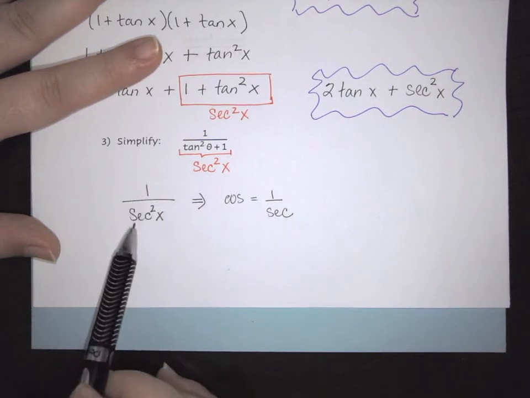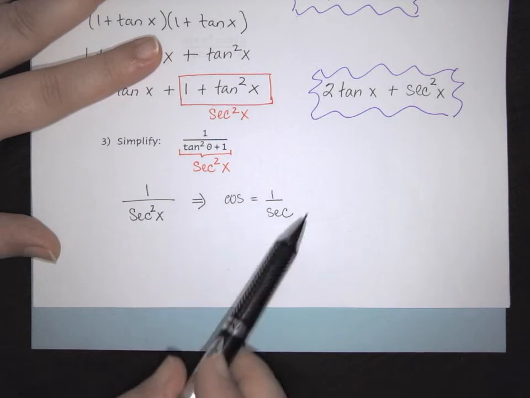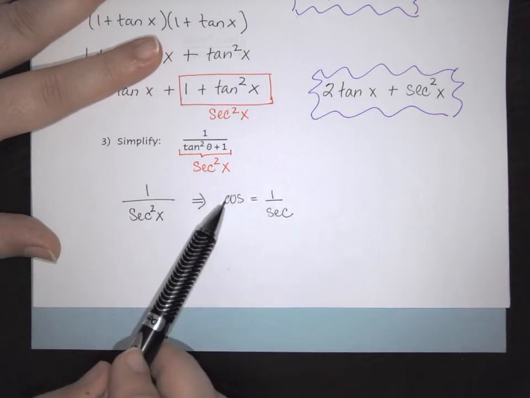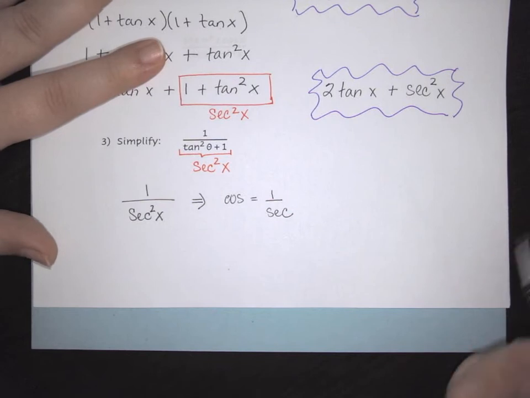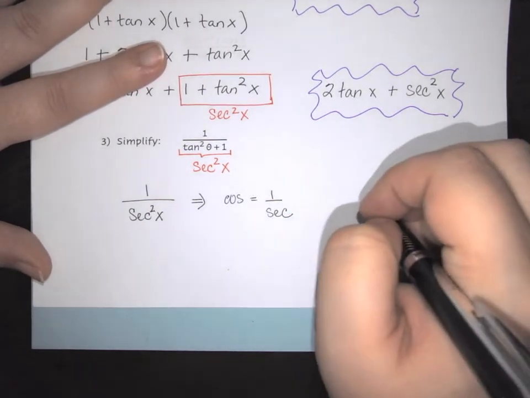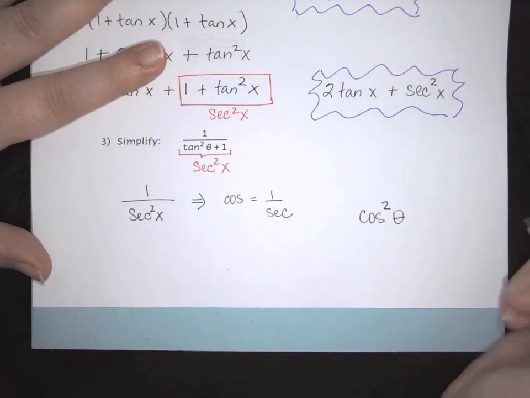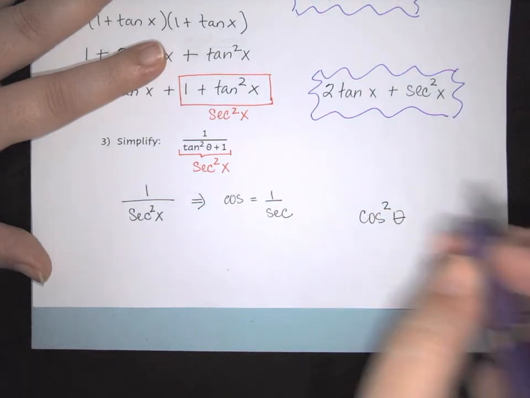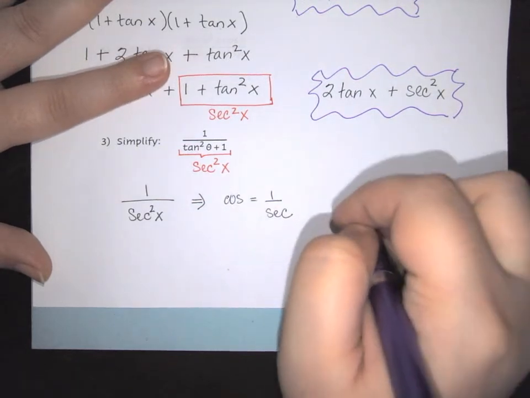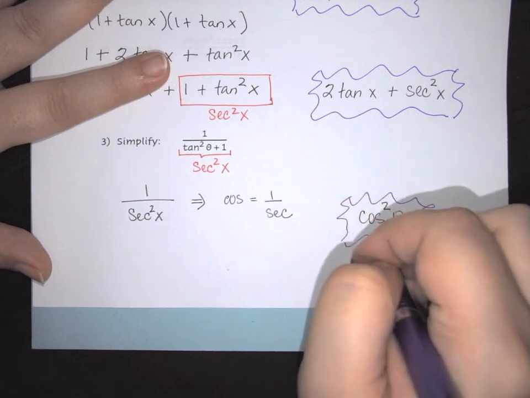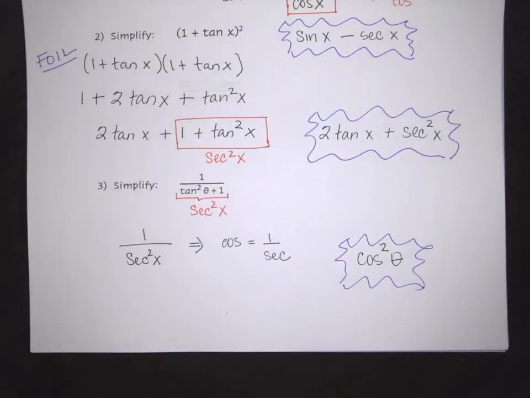So here I have 1 over secant squared. Well, I already know my identity says that my cosine is the same as 1 over secant. Therefore, we can rewrite this to being the cosine squared of your theta, thus giving us the most reduced form of that problem.